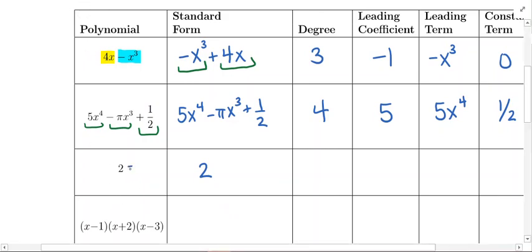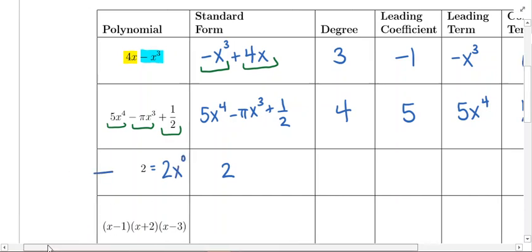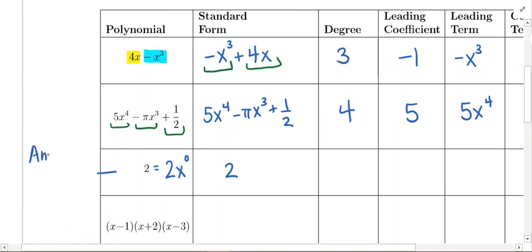Okay, this is how they trick you in math. This is the same thing as 2 times x to the 0 power. If you've seen this before, anything to the 0 power is 1. So really, this is 2 times 1, which is 2.